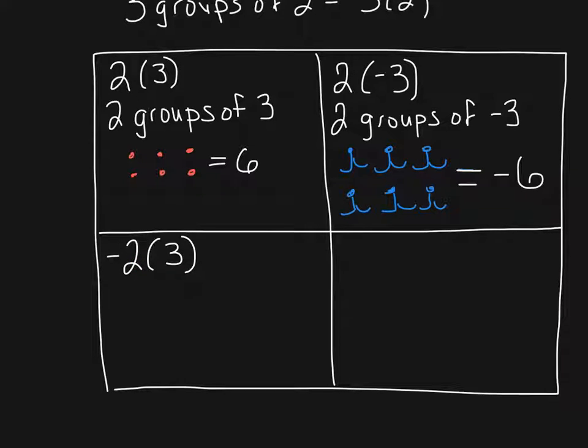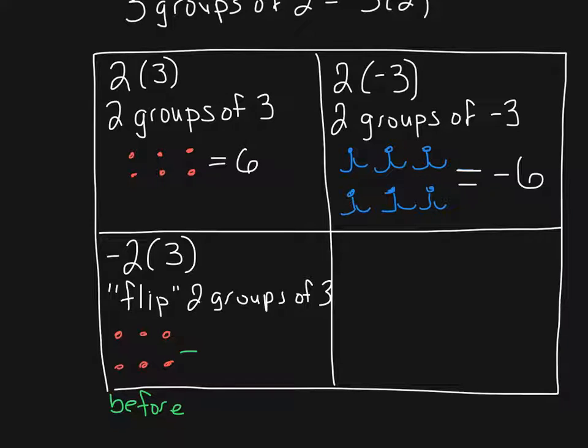And for the terminology we're going to use, we are going to flip 2 groups of 3. So we would start, we have 2 groups of 3, which means we would have 6 floats.